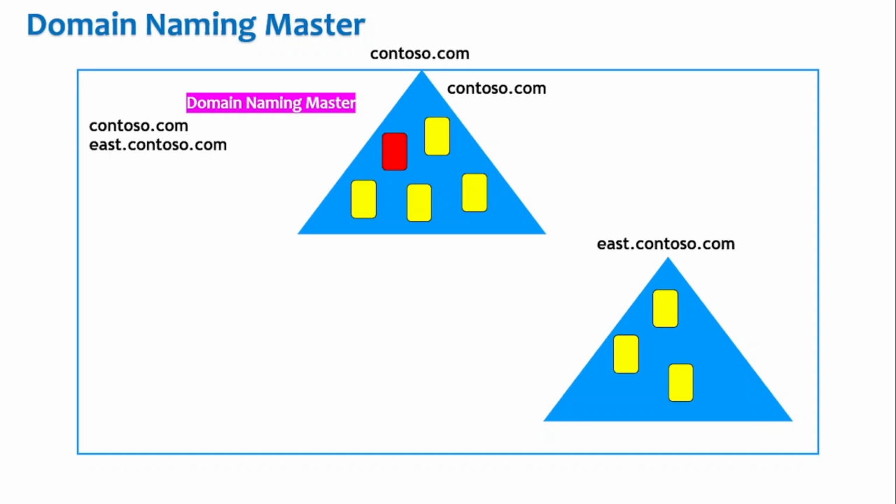Now we have Windows admins or systems admins. So there was a task that was asked to us to build a new domain in this contoso.com forest. So what we did, we brought in a Windows server, we installed Active Directory Domain Services, and while promoting it to a domain controller, a time came and we need to select the option.